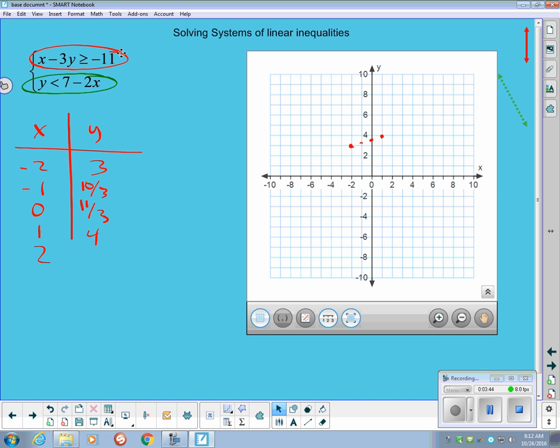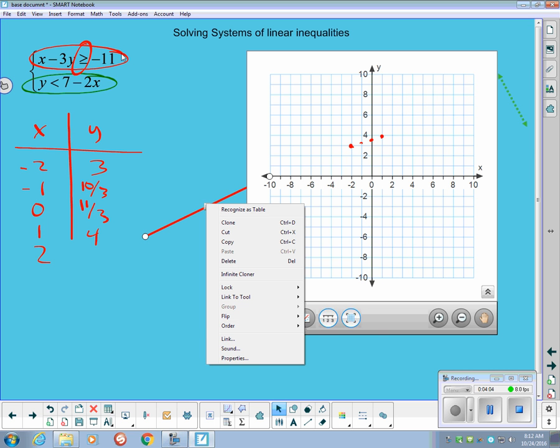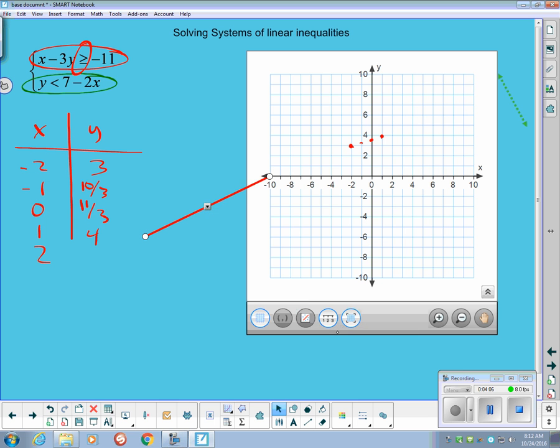So the next part of the process is to notice that my inequality had an "or equal to" part. So that should be a solid line that's going through those points. So we'll see if we can make that solid line happen here. I'm going to have to change the properties or the order on this line and bring that out to the front.